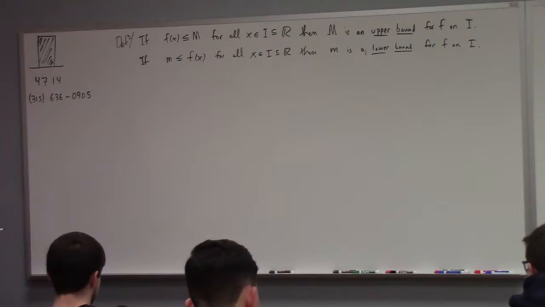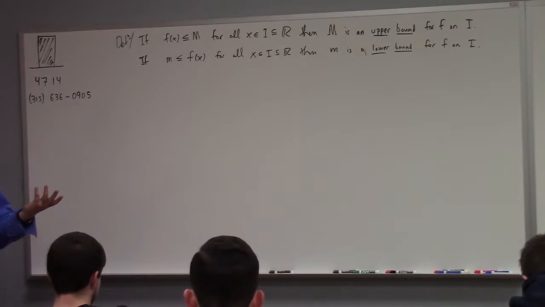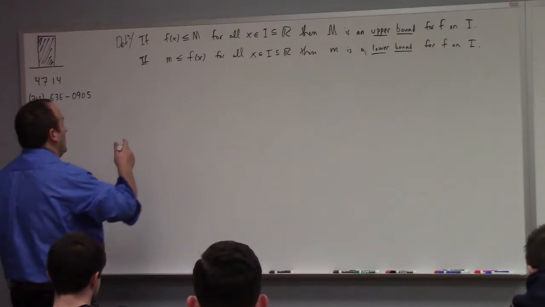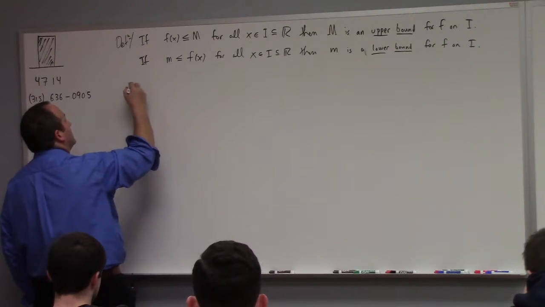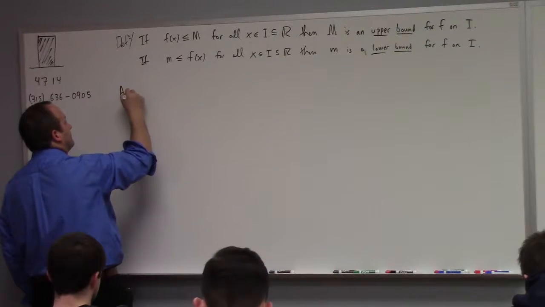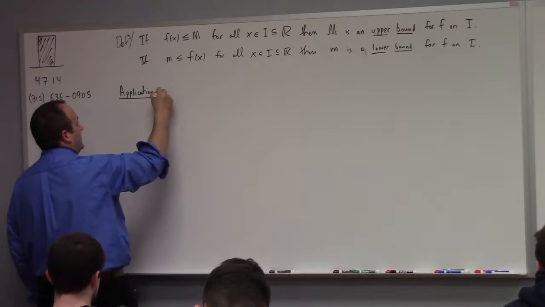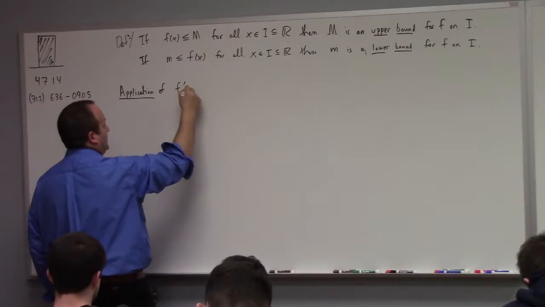So sometimes we need to find such a little m or big M for a function, and one convenient way to do that is with calculus, right? So, an application of f prime of x is what?